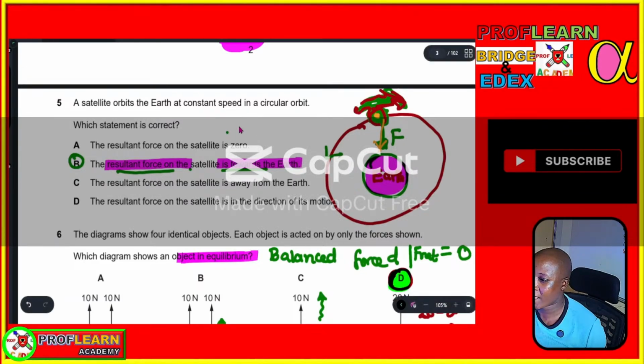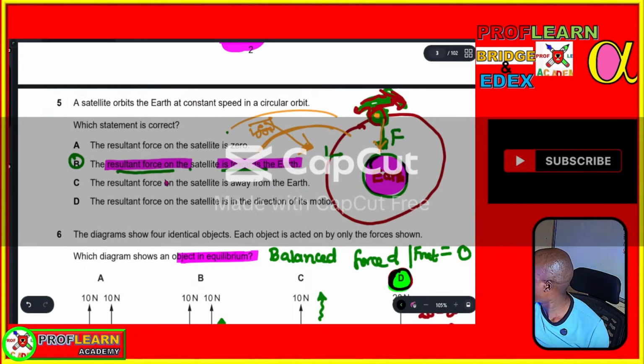Even if they are going to ask a question whereby a car is negotiating a corner, you are going to say the force that is keeping this object in the circular path is the force directed to the center, right? So the force is going to be frictional force here to keep this in circular motion.